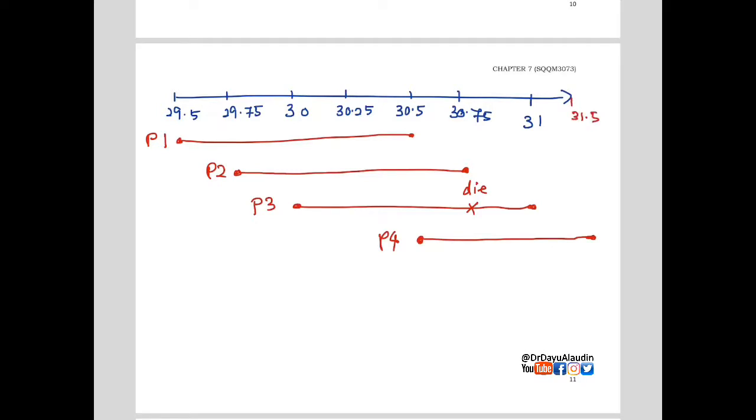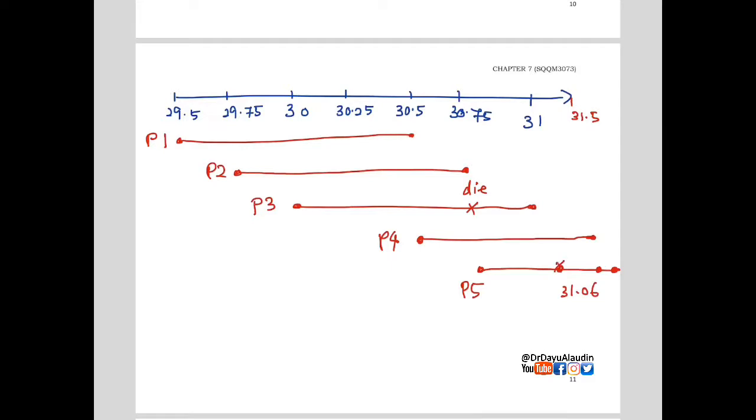And person 5 is from 30.75 until 31.75, but he died at 31.06, somewhere here.